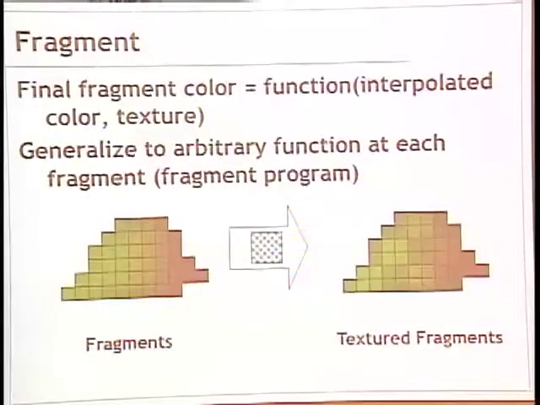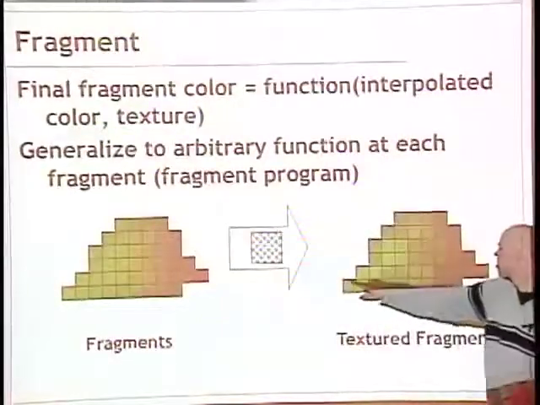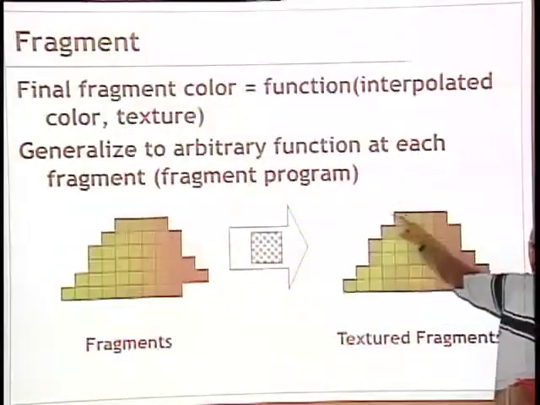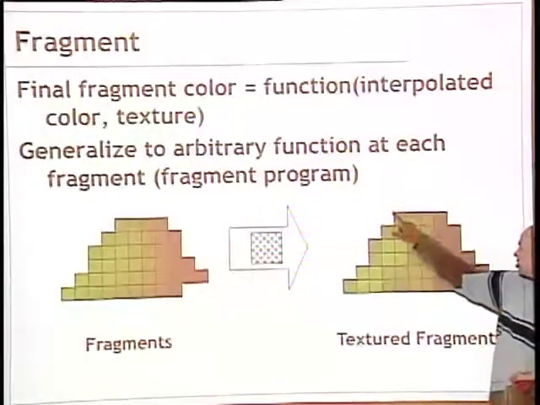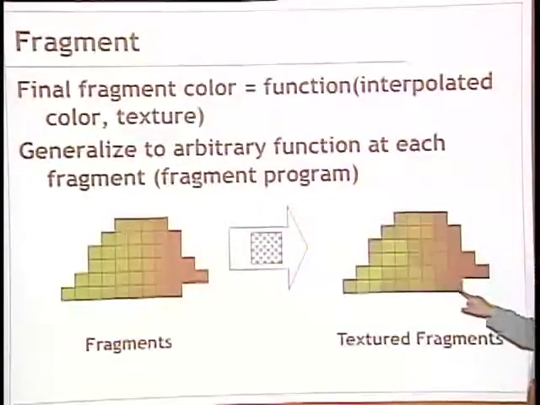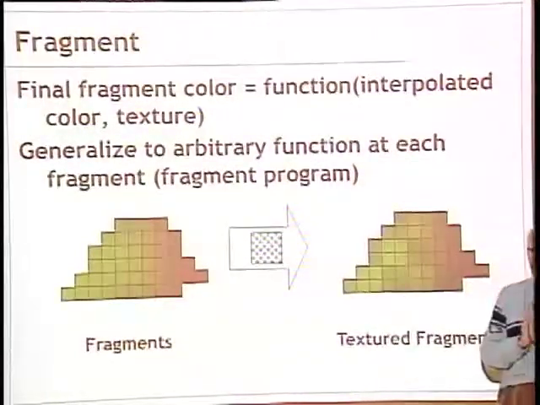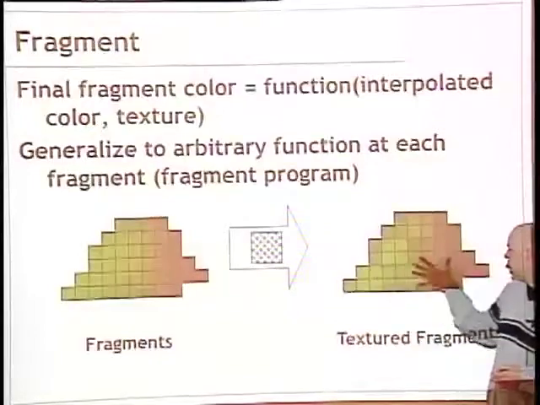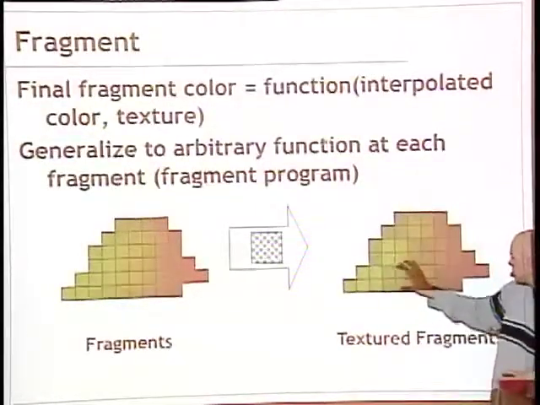Okay, so the issue is, if we look at this triangle here, we could have a texture value that we computed at each vertex. That's what you're suggesting. So we have one texture value here, one texture value here, and one texture value here. That doesn't give you enough information to do a high-frequency, complicated function in here. If you look at this, these are darker than this.